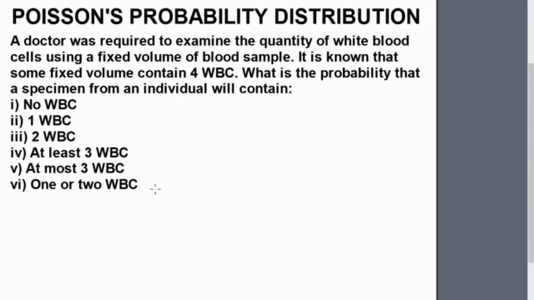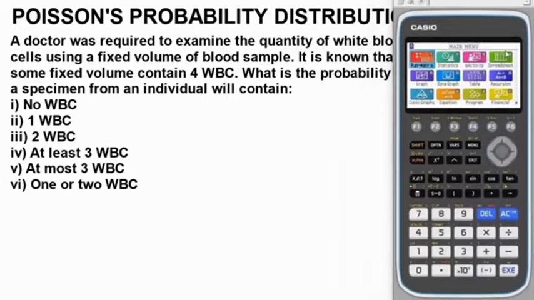So let's begin with getting the Casio calculator. Okay, so this is the Casio calculator. Now the very first thing you have to do with the calculator is to reset it, to wipe out whatever previous values you might have stored on the calculator. Very important, guys. To reset the calculator, all you have to do is to go to system.